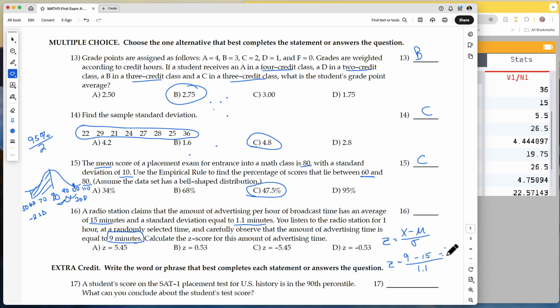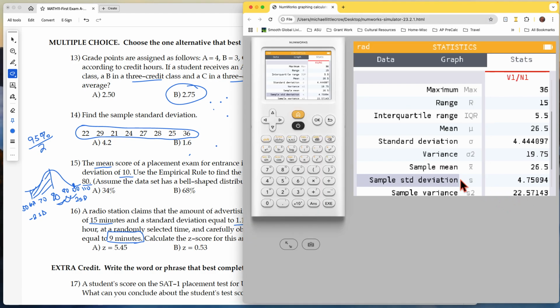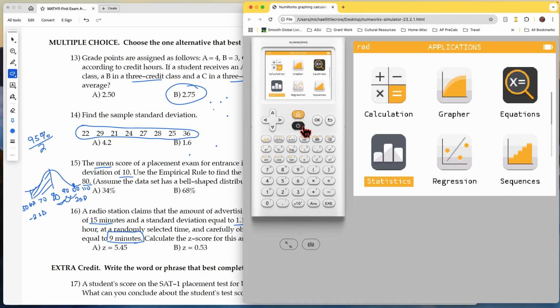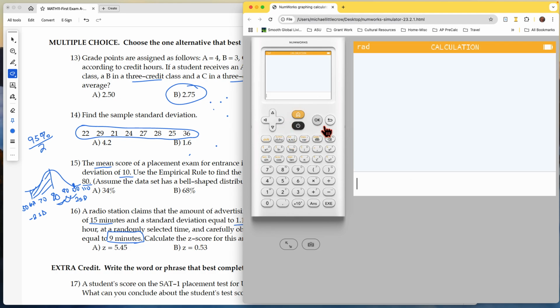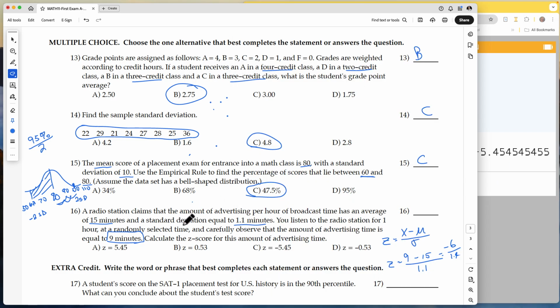So we're going to get -6 divided by 1.1. Come back up here to the regular calculator. -6 divided by 1.1, and we get -5.45.